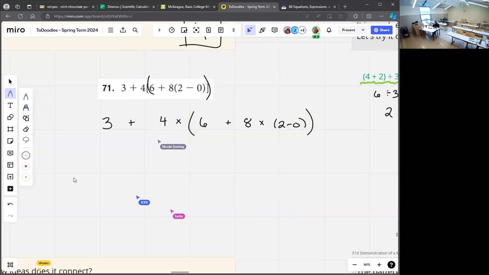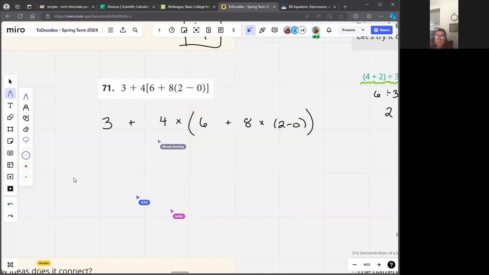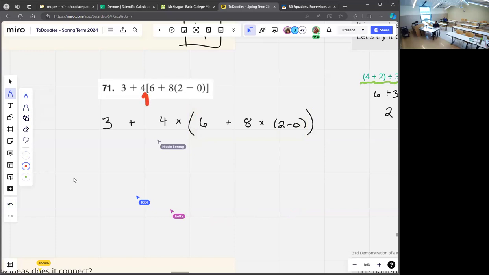So they use the square brackets instead. But that's all that that means. Everyone okay with that? Yeah. And then in two different places, they put a number next to a parenthesis or next to a bracket, and that just means times goes there.